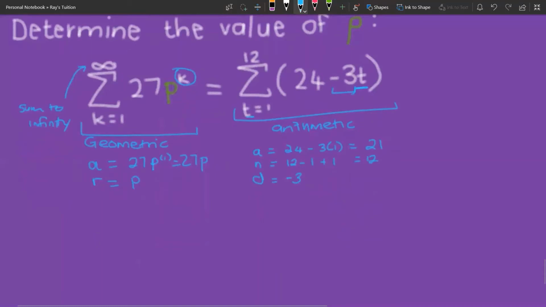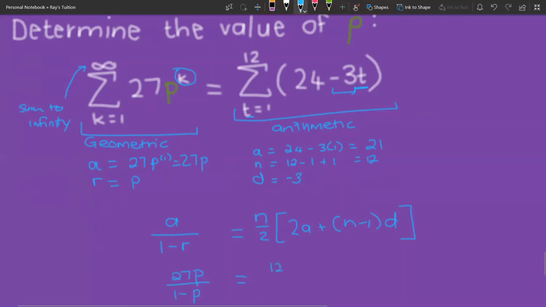Okay, so now we're going to equate the sum to infinity formula to the sum of the arithmetic formula. So we have that the sum to infinity formula is a over 1 minus r, and that is equal to n over 2 times 2a plus n minus 1 times d. So the a we calculated is 27p over 1 minus p, which is our r.